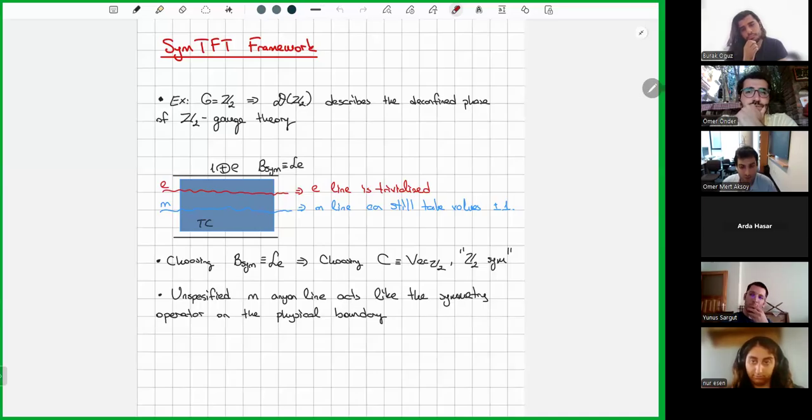Since there are only two values, the corresponding category is just Vec Z2, or just an ordinary Z2 symmetry. Essentially, the message I'm trying to give is that once I condense the E lines on the top, the remaining M line that is not condensed acts like a Z2 symmetry, the M anyon line in this construction. Below the gap of the top boundary, of course.